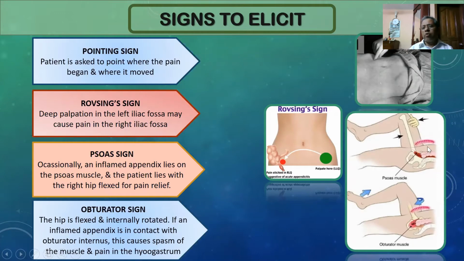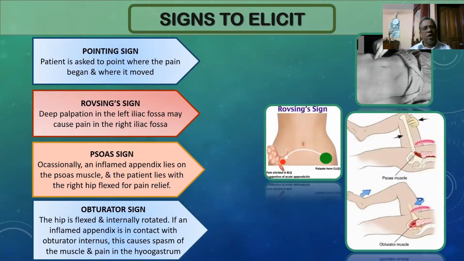In front of the psoas major muscle, there is a fascia, the psoas fascia. So if you examine the psoas major muscle extension, whenever the muscle is moved due to the extension of the hip, the inflamed appendix attached to the psoas fascia causes the patient to feel pain. It is called the psoas sign.